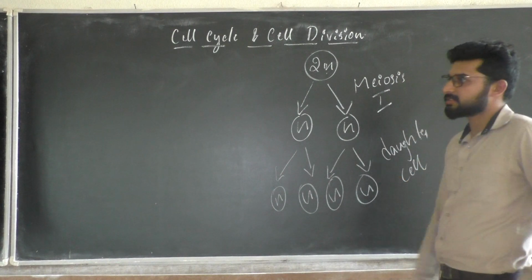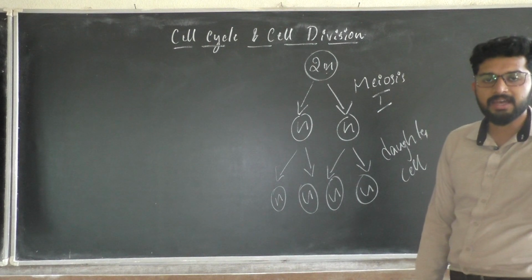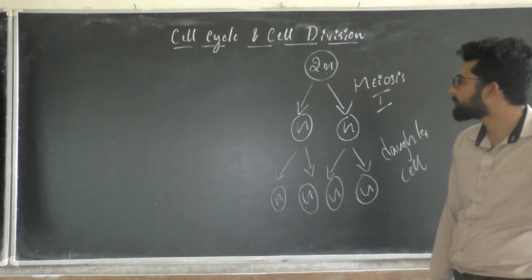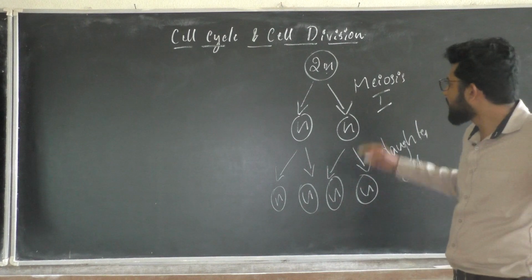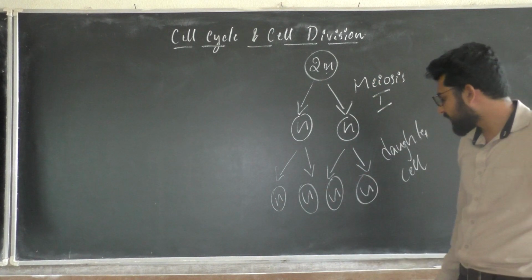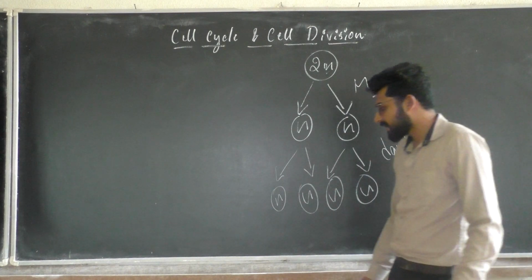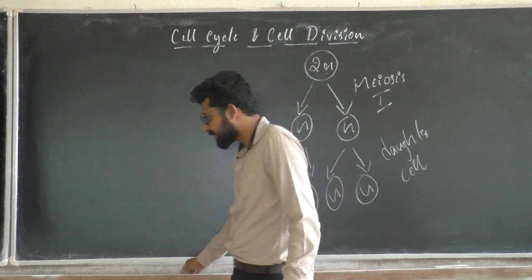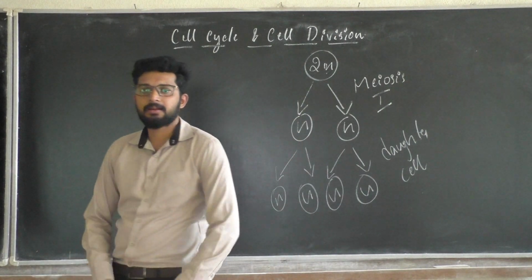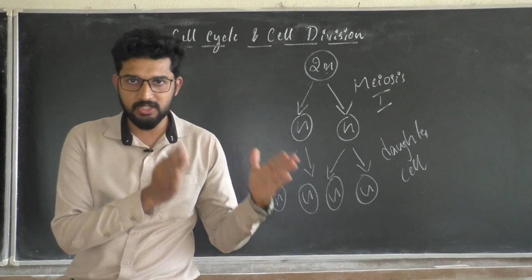Look at the daughter cells. There are 4 daughter cells with chromosome number n, known as the haploid number of chromosomes. This is how meiosis happens. In the previous class we learnt that meiosis is divided into meiosis 1 and meiosis 2.